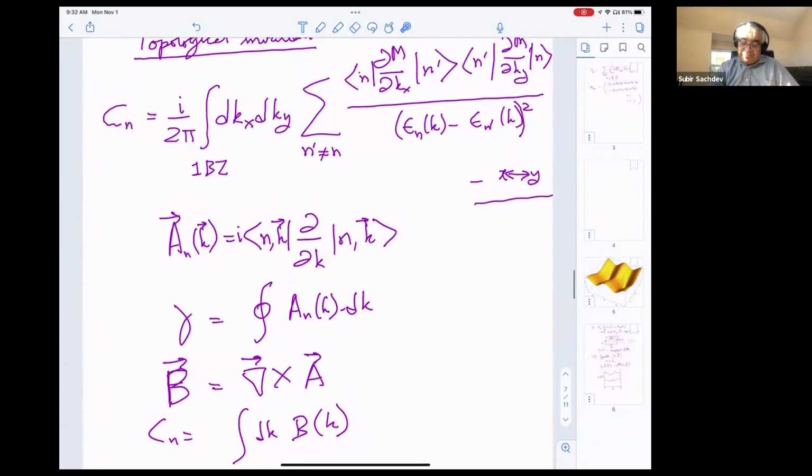I wrote this formula because it's explicitly gauge invariant. This A obviously is not gauge invariant. And if you take the curl of A, you get some expression for B that also doesn't look gauge invariant, but of course it has to be.